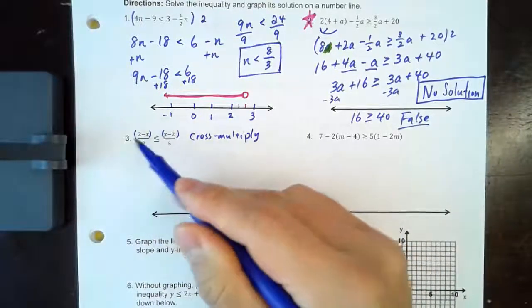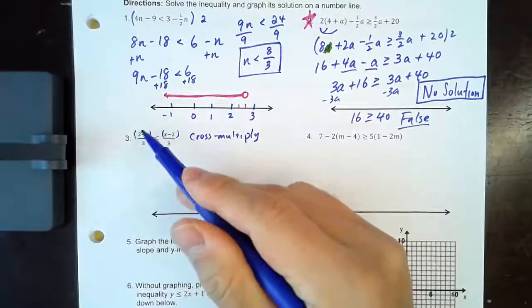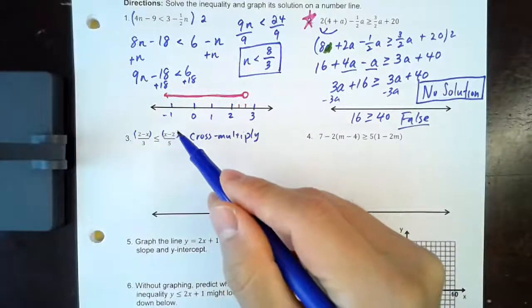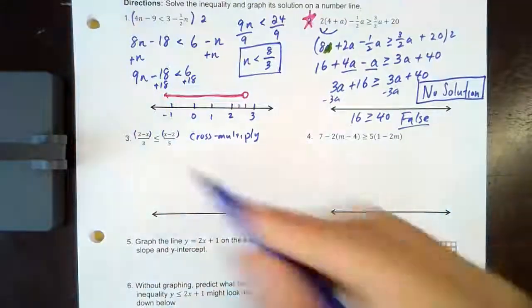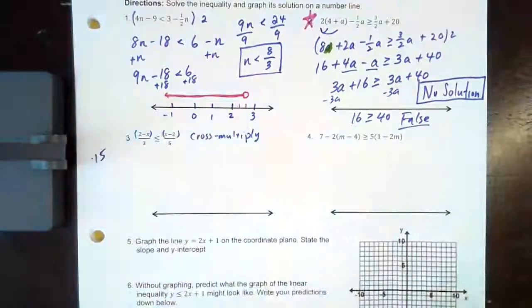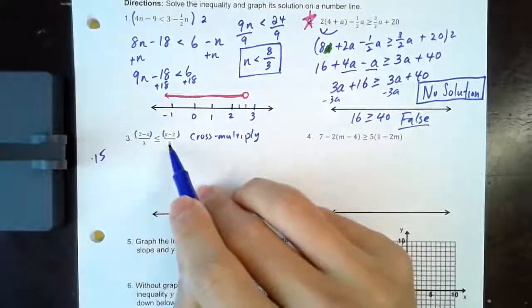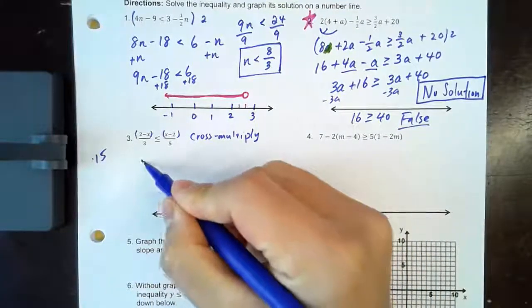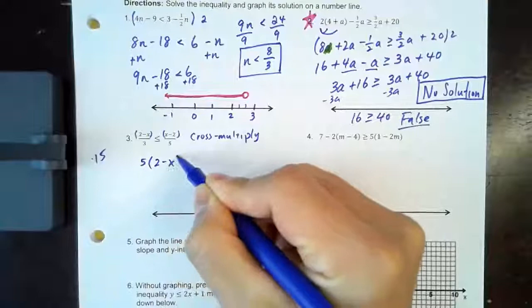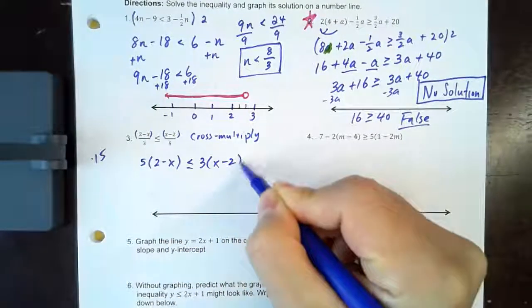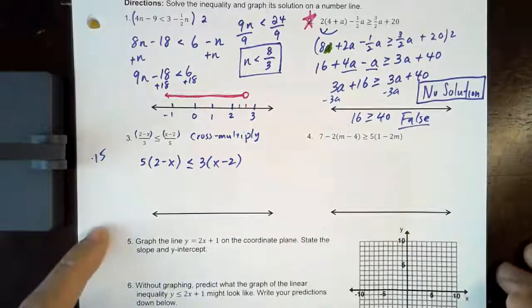If I multiply by 15 on both sides, you basically just multiply the top by 5 on the left side and the top by 3 on the right side. That's essentially multiplying by 15, right? Because 15 divided by 3 is 5, and 15 divided by 5 is 3. So now I get this new inequality that looks just like this.